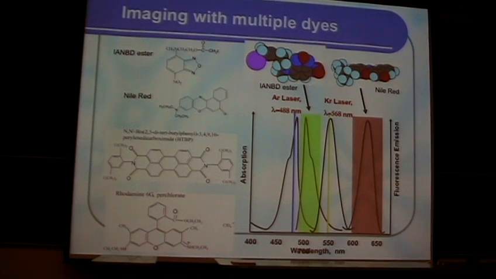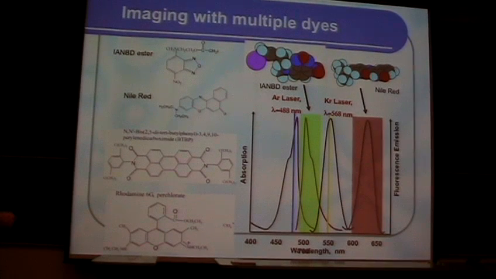You can see that the particular dyes I show here have absorption and fluorescence bands quite far from each other within the visible spectrum of light.